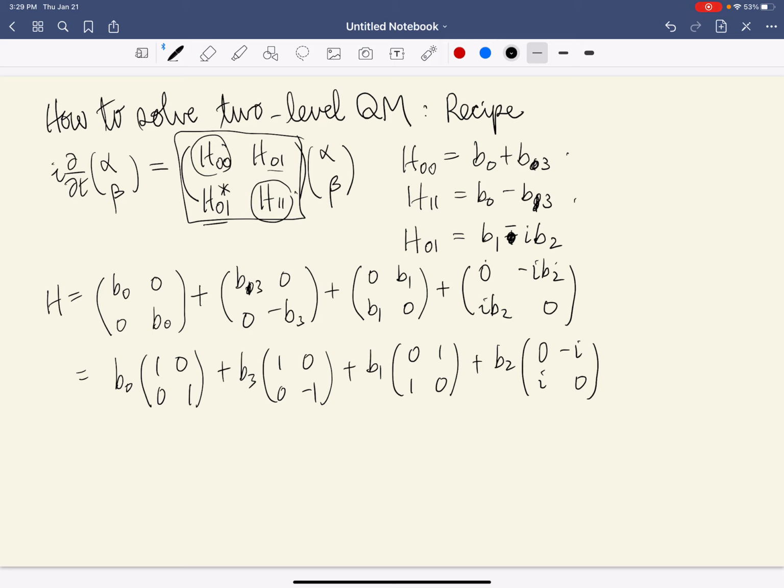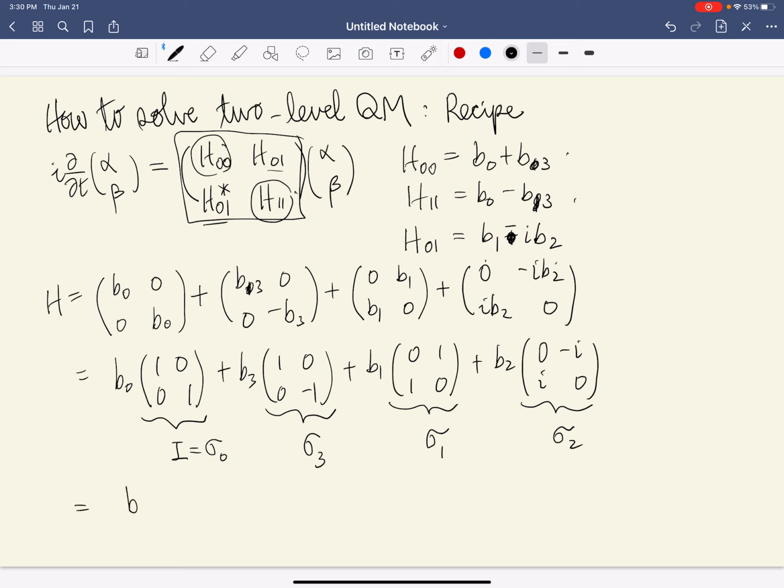Now, what emerges from this decomposition are these four matrices. The first one is just a unit matrix. The third one I'm going to call sigma 3. This one I'm going to call sigma 1, and this one I'm going to call sigma 2. Then I can also write sigma 0 instead of the unit matrix.